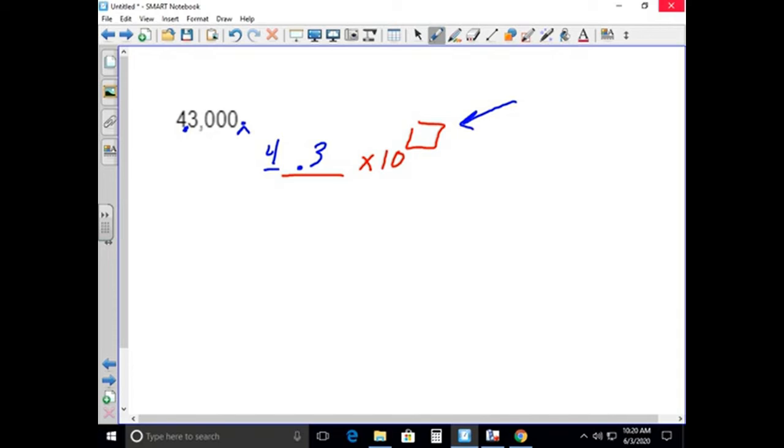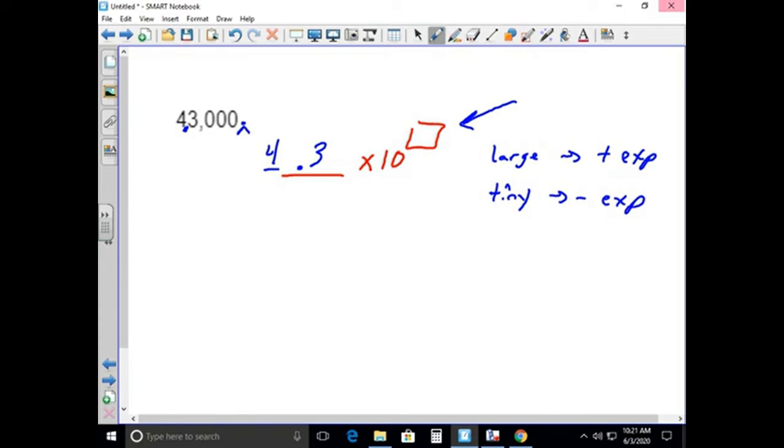Sometimes people memorize, if you move the decimal this way, you end up with a positive exponent. If you move it that way, you have a negative exponent. But the way I deal with it is if it's a large quantity, our exponent is positive. If it's a tiny quantity, we have a negative exponent.